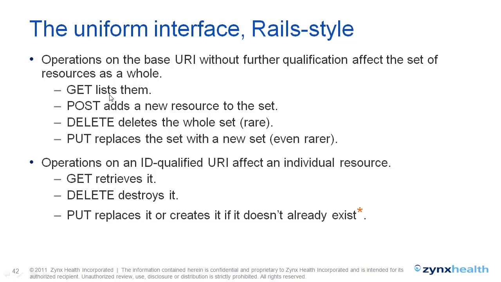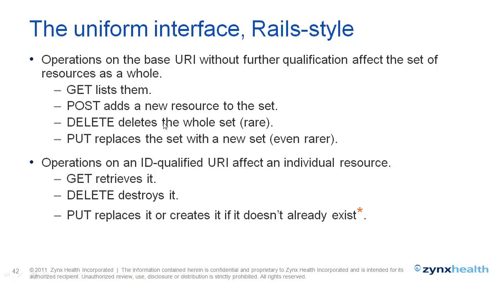And that means that what you get back in the response, the representation, is some kind of list. And you decide, of course, as the implementer of the code behind the framework, what that list looks like, what representational formats you support. POST adds a new resource to the set represented by that base URI.